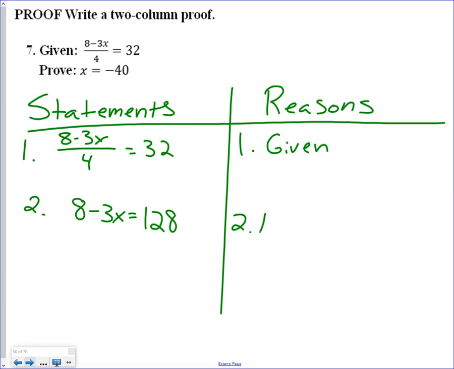Good. Multiplication. POE, property of equality. All right. What did we do to both sides, or what were we supposed to be doing to both sides, right? We were supposed to be multiplying by 4, right?